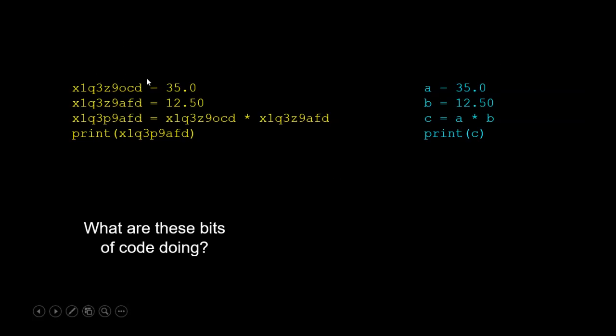Right, so this is the same, but using A, B, C: C equals A times B, print C. It's exactly the same piece of code. However, and get ready, Carl, because I'm about to give you a lead into your joke, so be ready on the keyboard.